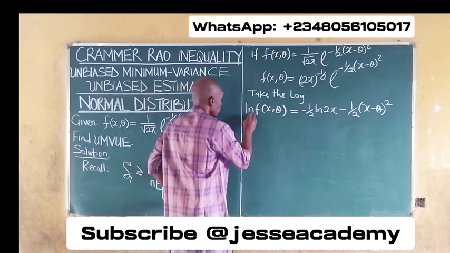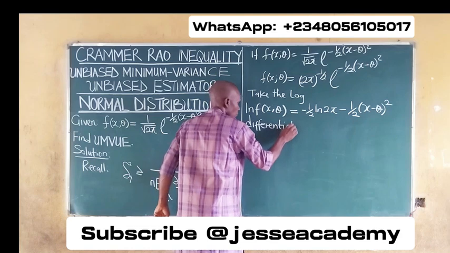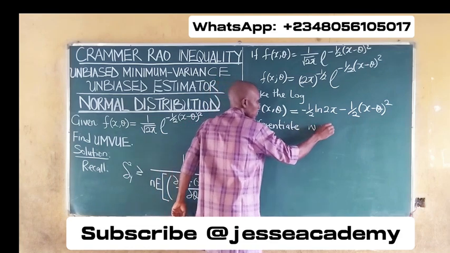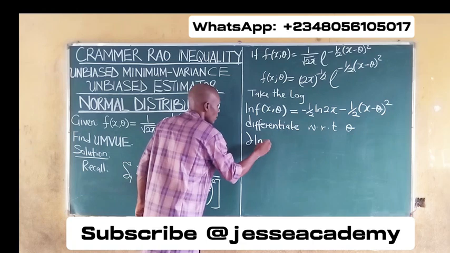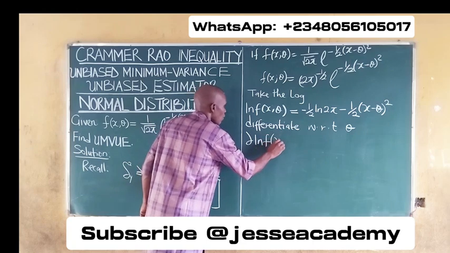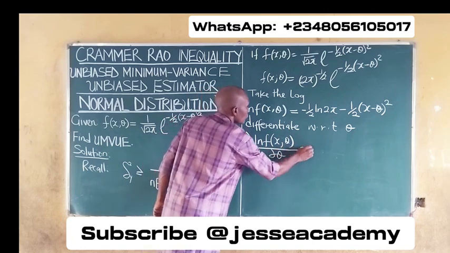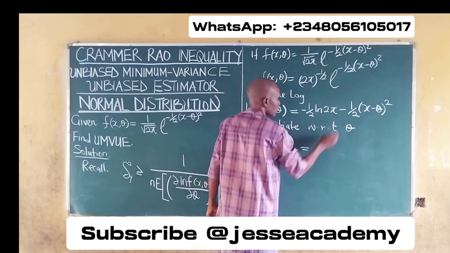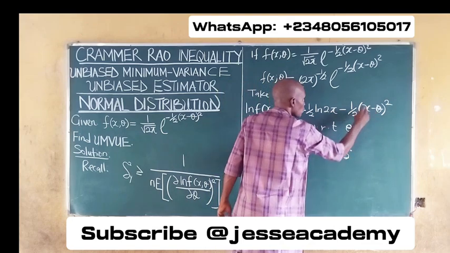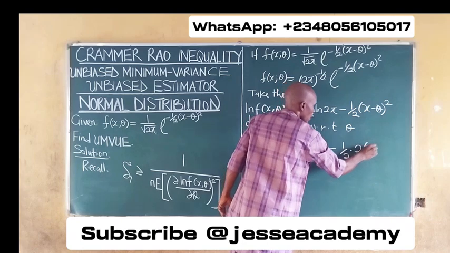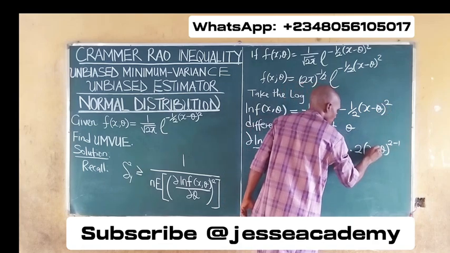So differentiating with respect to theta, we write it this way: differential of the log function with respect to theta will be equal to, if we differentiate this, we get 0 minus, if we differentiate this, we get 1 all over 2 multiplied by, these two will come over here to give us 2 into x minus theta raised to the power of 2 minus 1.